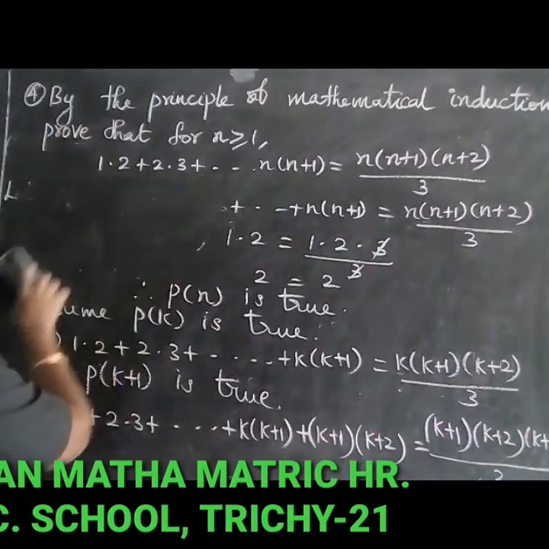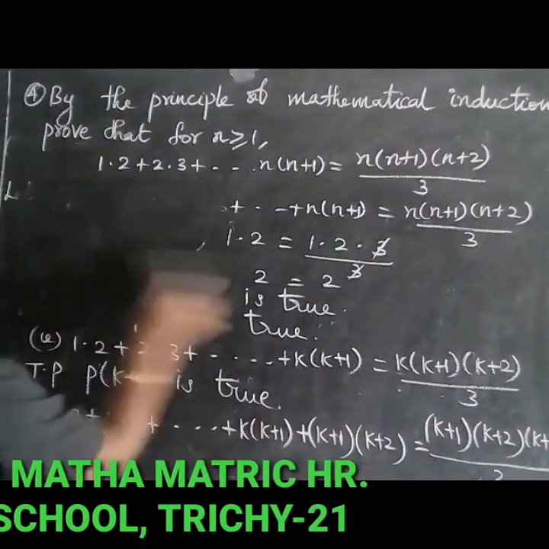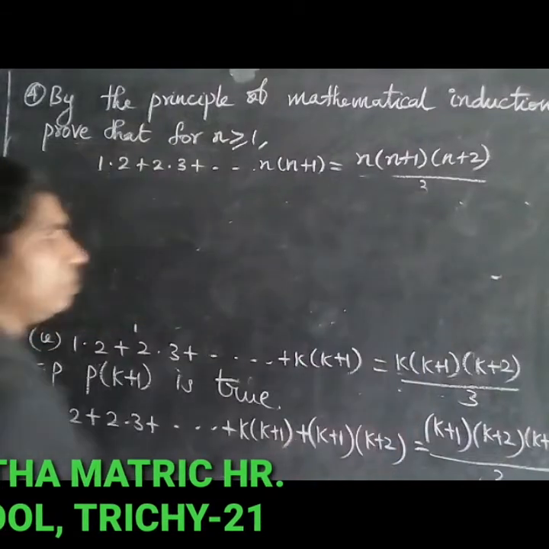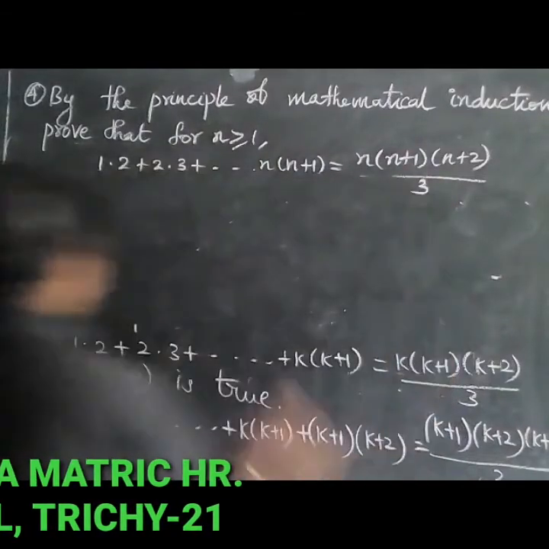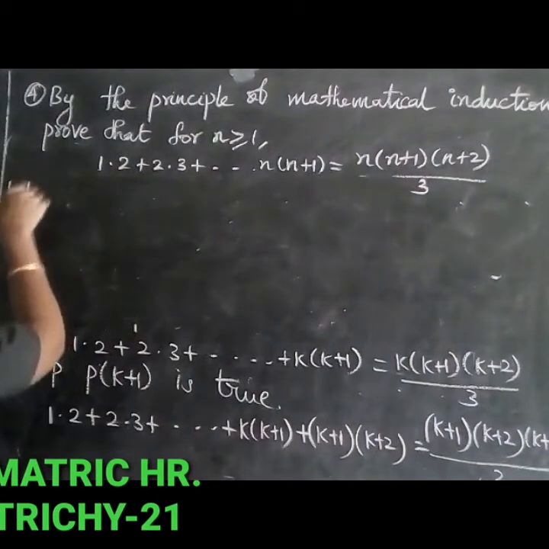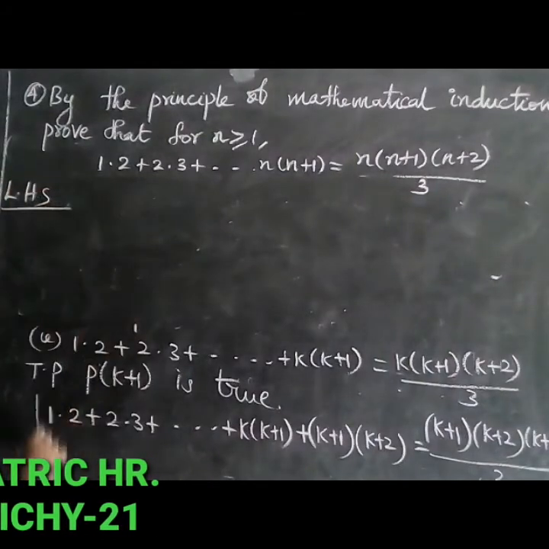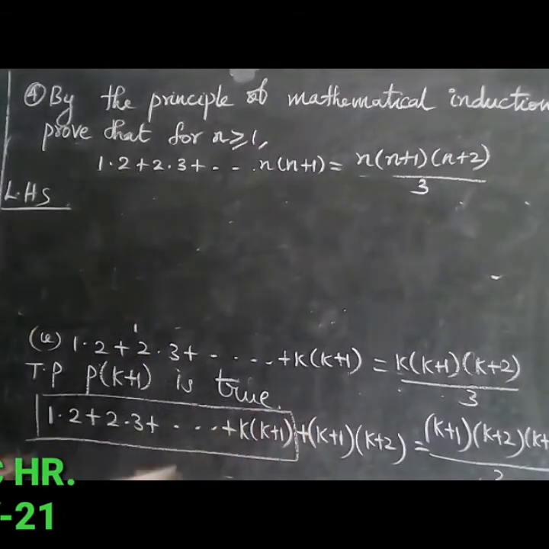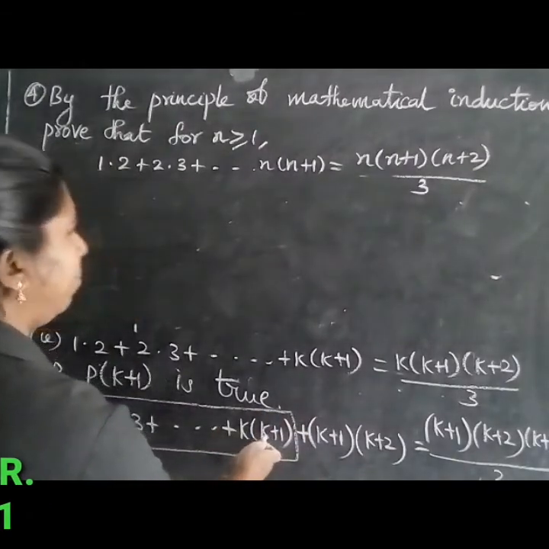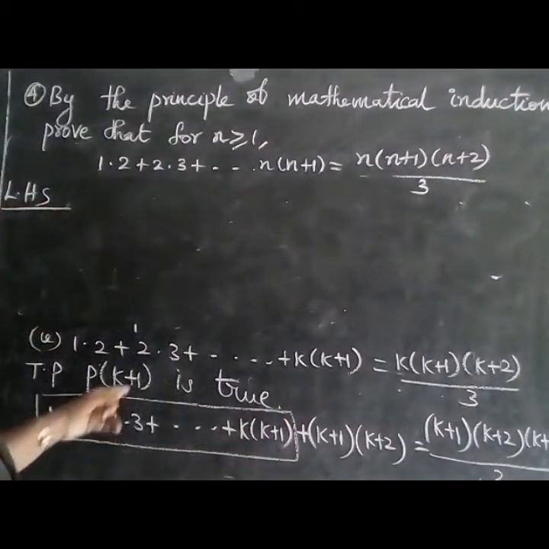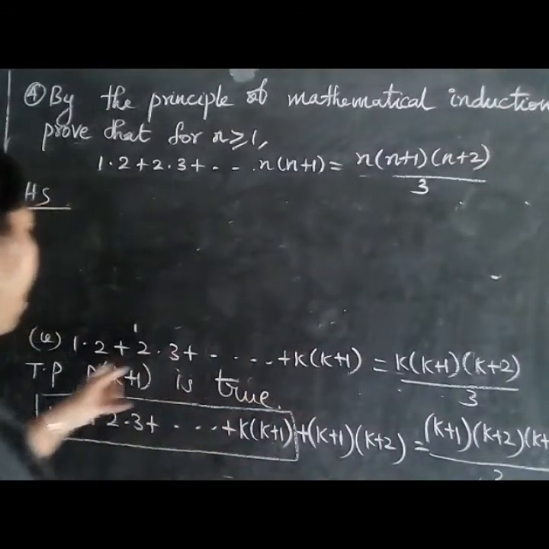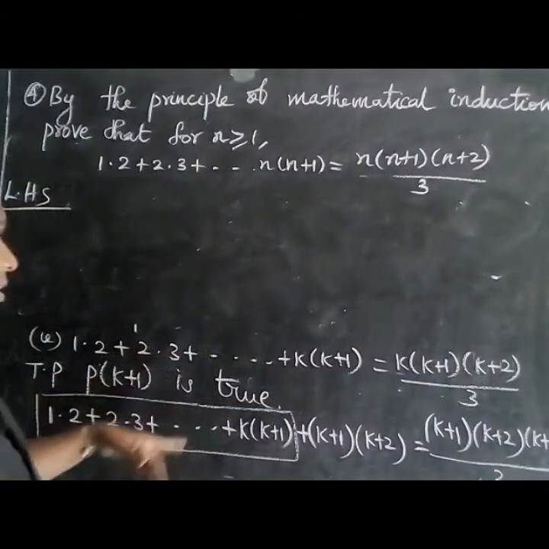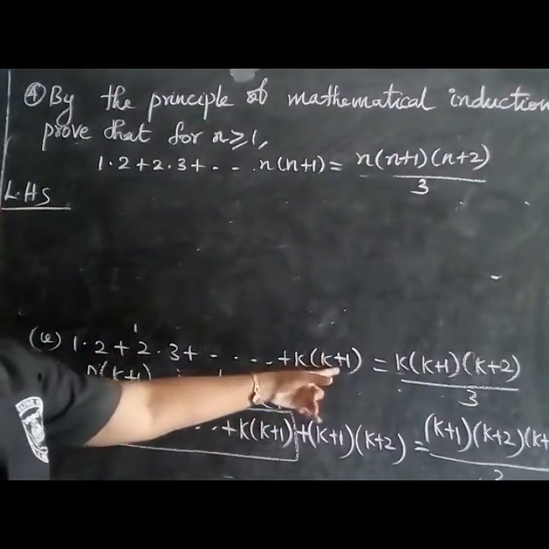So the next step, we can take the left side up to this. This is the expansion for P of k. P of k is 1 into 2, 2 into 3 etc. up to k into k plus 1.